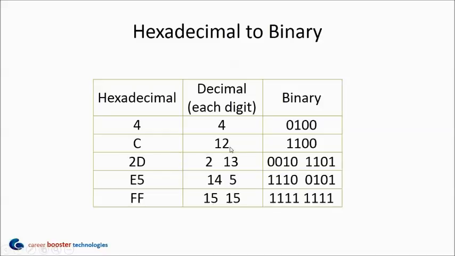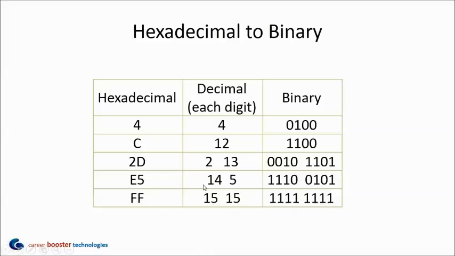Similarly, if it is C, that is 12, then I can say 8 and 4, 12. Suppose I have a 2-digit number, you separate them out. Take 2 separately, take D separately. So 2 is 2 only, D is 13. Convert 2 into 4-bit binary and convert 13 into 4-bit binary. So 2 is 0010, 13 is 1101, 8, 4, 12, 12 plus 1, 13.